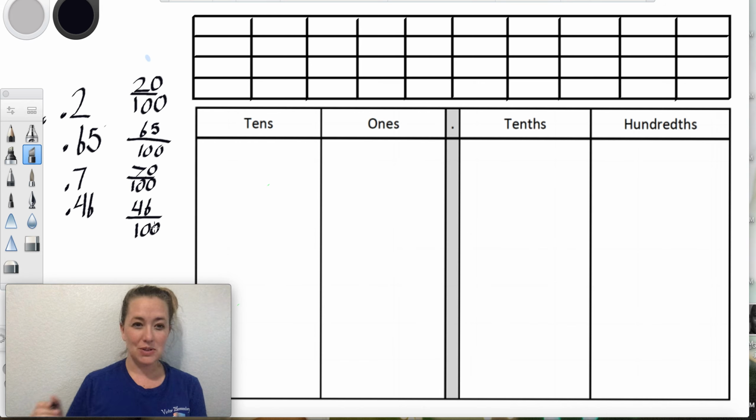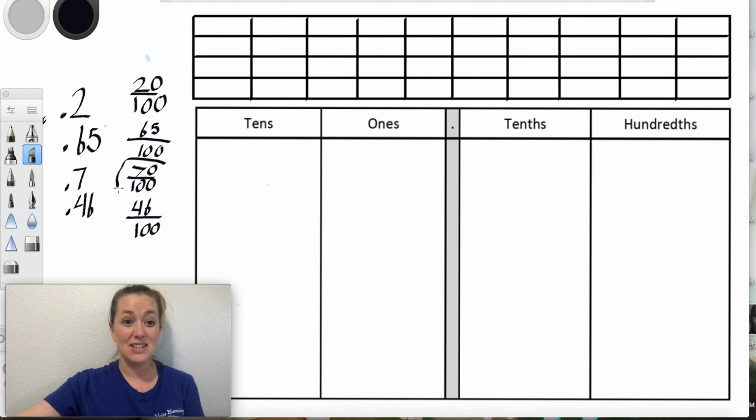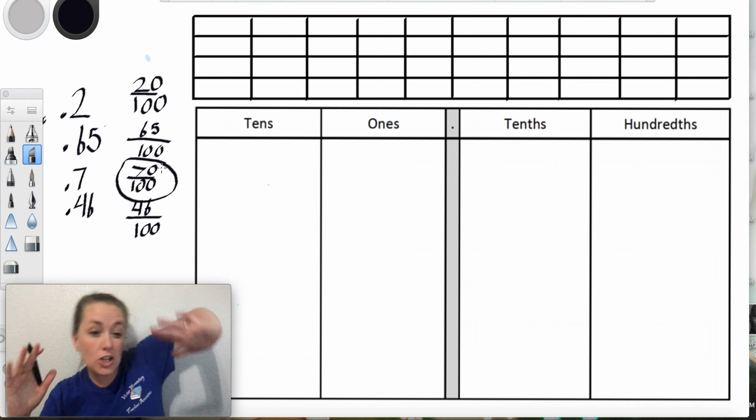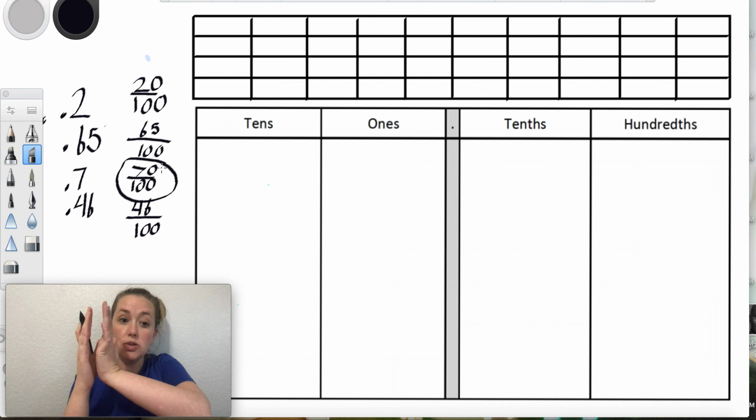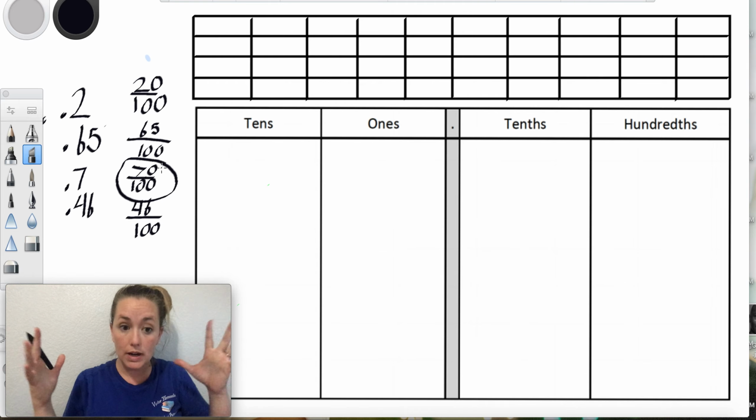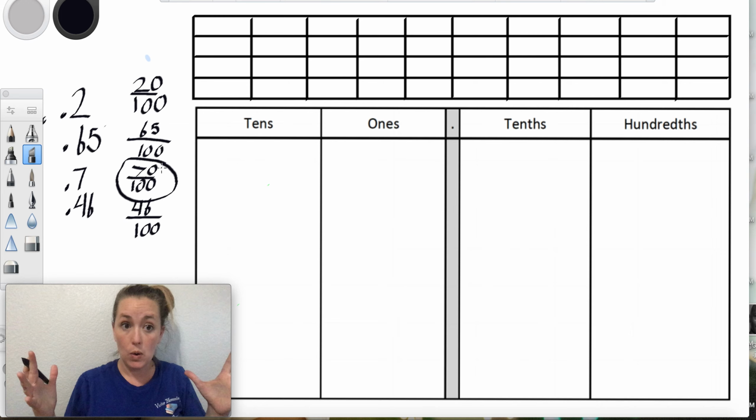What I want you to do is, looking at that, circle on your paper which number is the greatest. Well, right now I know that 70 hundredths is the greatest because it's the one that's closest to filling up all of the 100 pieces needed to make my whole.